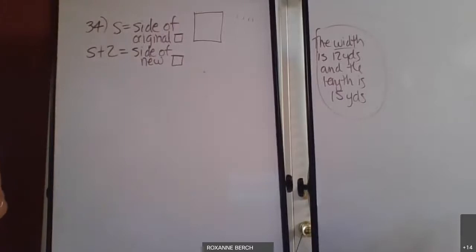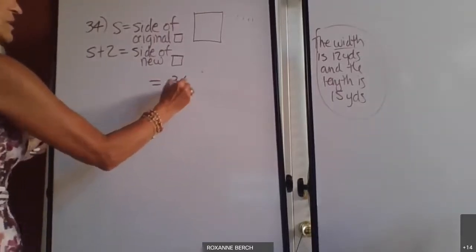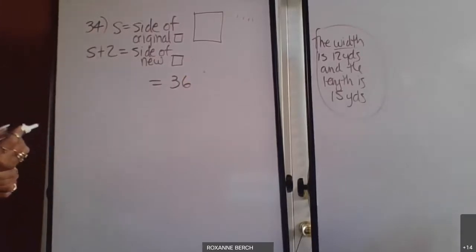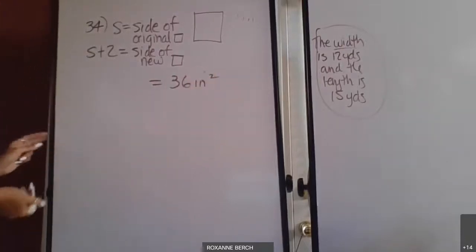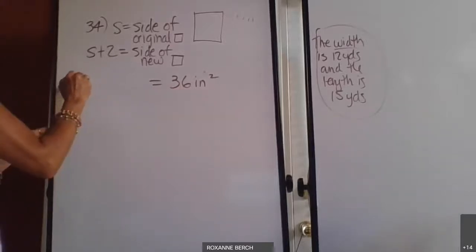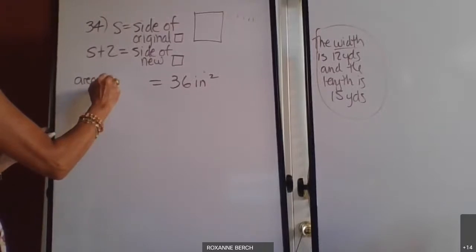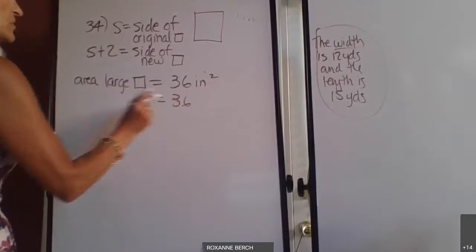And they're saying that the area of the larger square is 36 square inches. This is the area of the larger one. So how do we represent it?